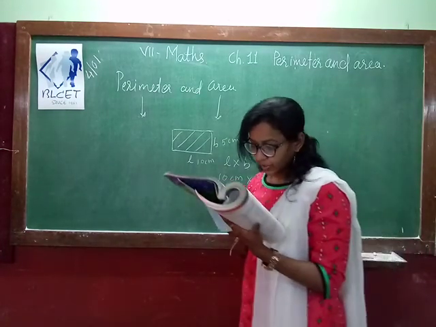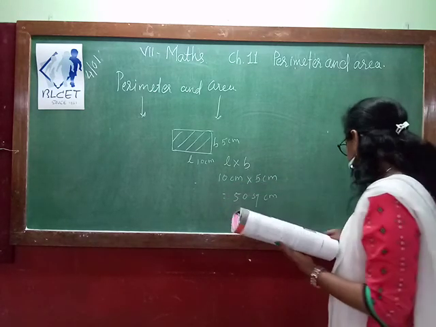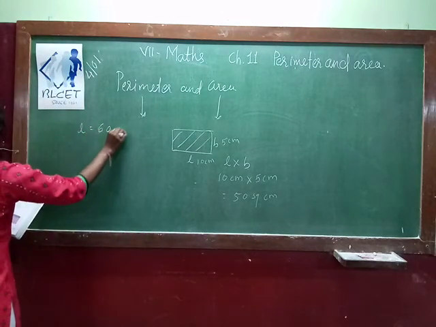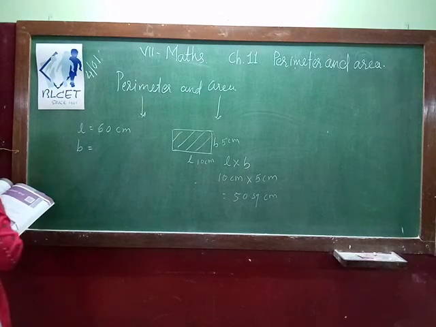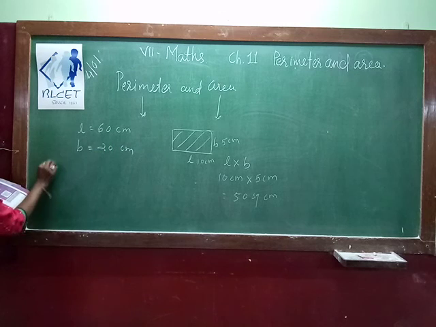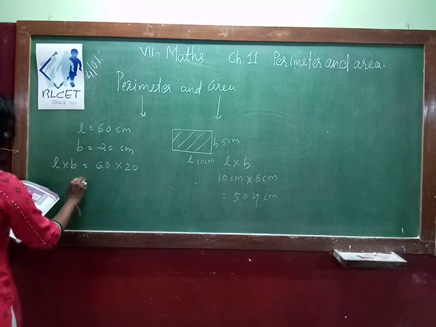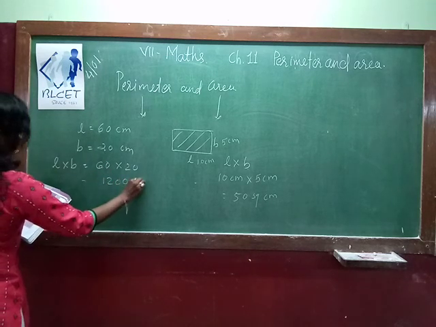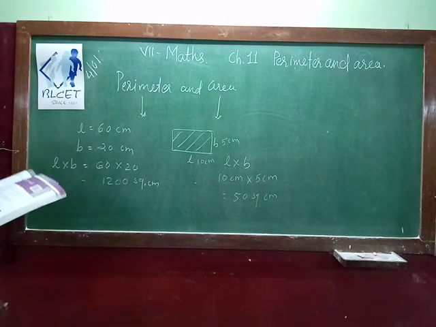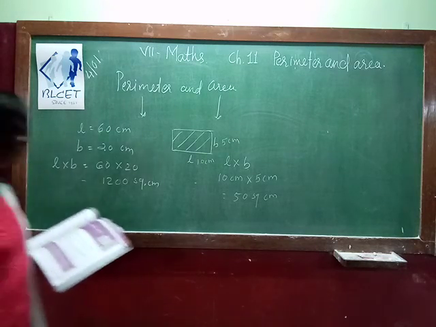For Ayush, the rectangular sheet, if you consider the length and breadth, what is the area? L into B is equal to 60 into 20, 1200 square centimeter. This is the rectangular sheet area used by Ayush. And for Diksha, the length is equal to 40 and breadth is equal to 35.